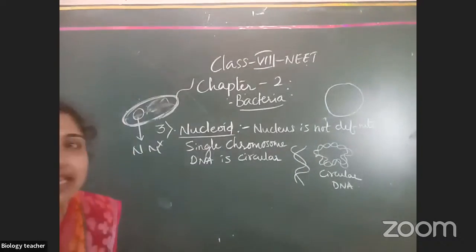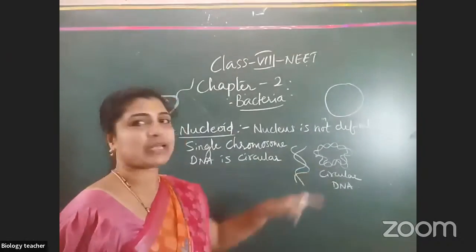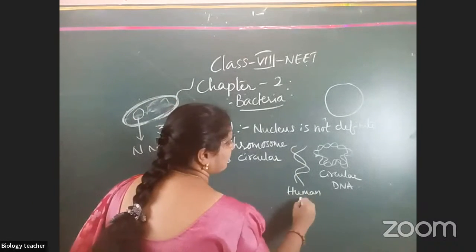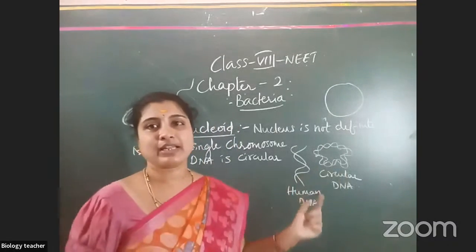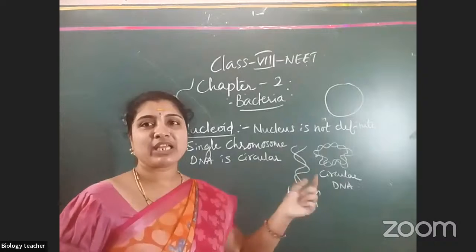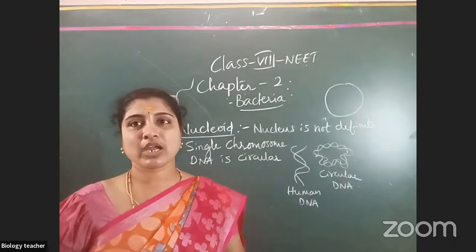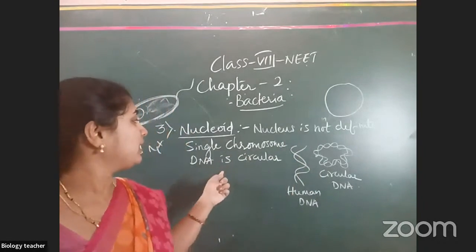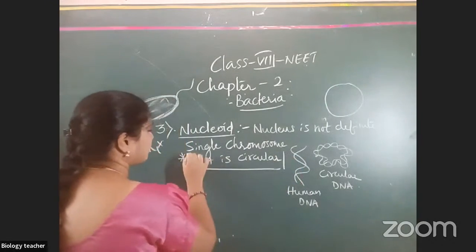This is human DNA. I am showing the difference between human DNA and circular DNA. The actual structure of DNA is double stranded, two strands spirally present over one another. But in bacteria, DNA is circular.